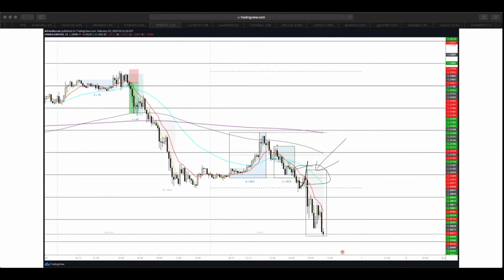Does that make sense? Yes. This would have come up higher to more the middle of the range, where you're about 25 pips away from the low and even higher up here. So then that would make it a more easily identifiable continuation trade.